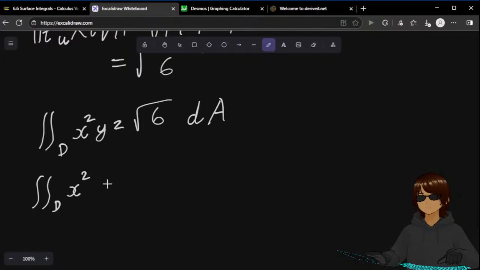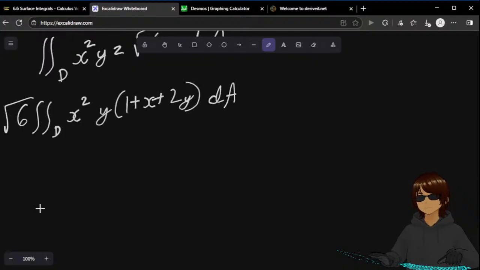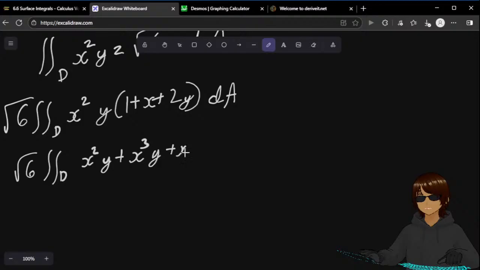So x squared times y times 1 plus x plus 2y, dA. That gives x cubed by 3 and 2x squared y squared.